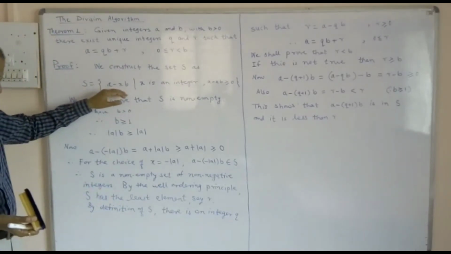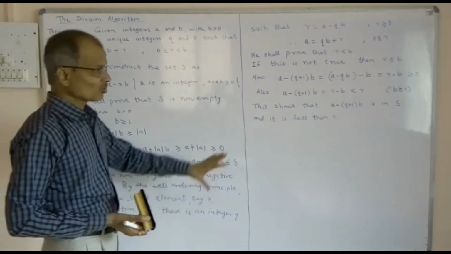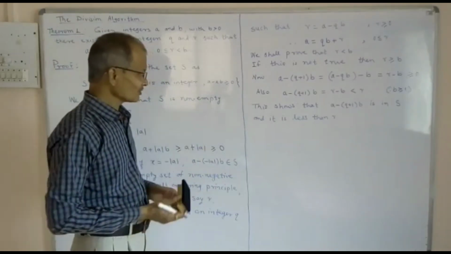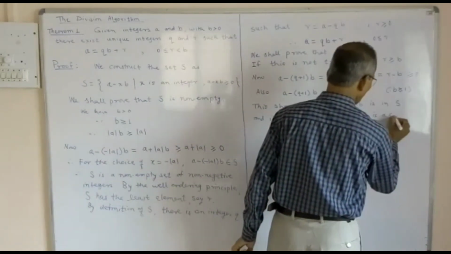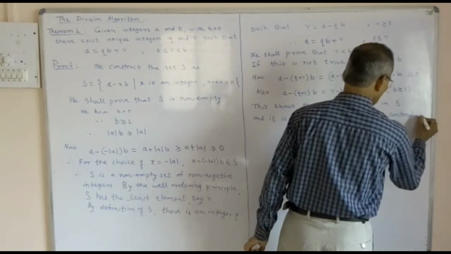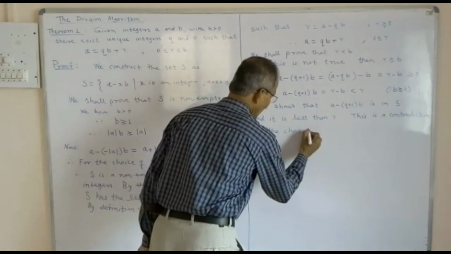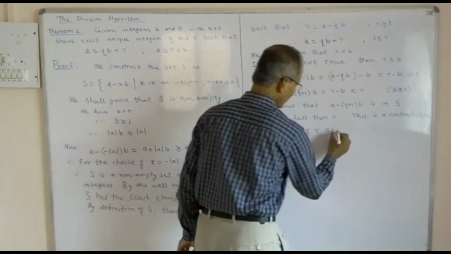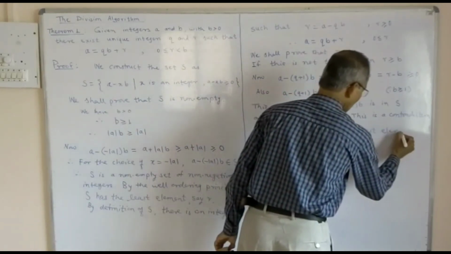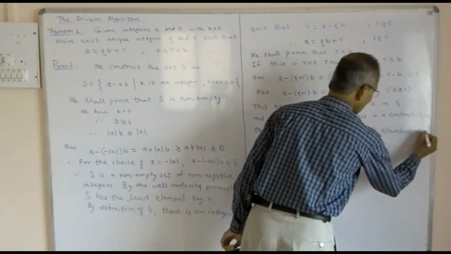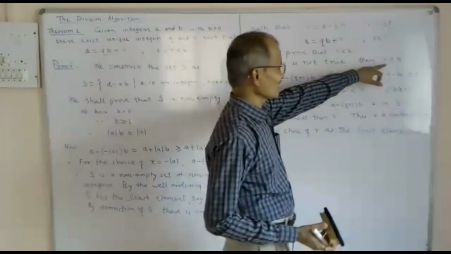So we have written, by the well ordering principle, S has the least element R. So no number less than R will be in S. So this is a contradiction to the choice of R as the least element of S. And thus our supposition that R is greater than or equal to B must be wrong.